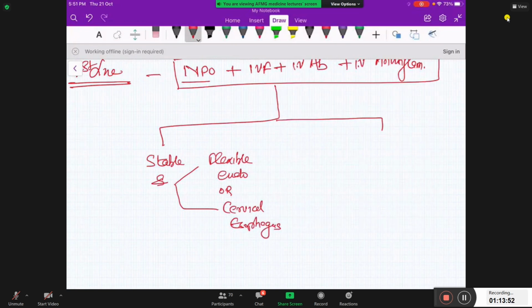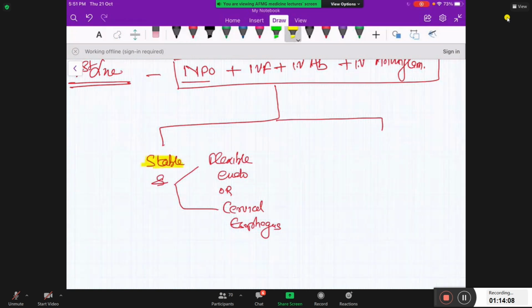If the perforation happened due to flexible endoscope, or it is a cervical esophageal perforation, subject to condition. Mind it, most important thing is patient is stable.